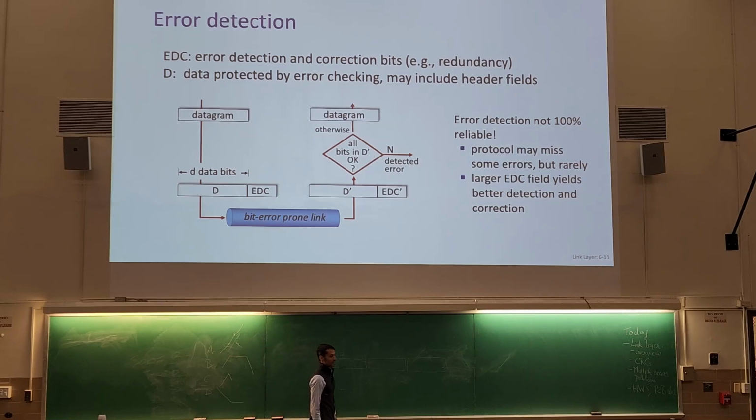And then if all 3 are the same, then there's no error. That's my protocol. If one of them doesn't match, but the other 2 match, I'm going to take the majority and pick that as the correct one, and assume that this one got corrupted. So I added triple redundancy, which is a huge amount of overhead.